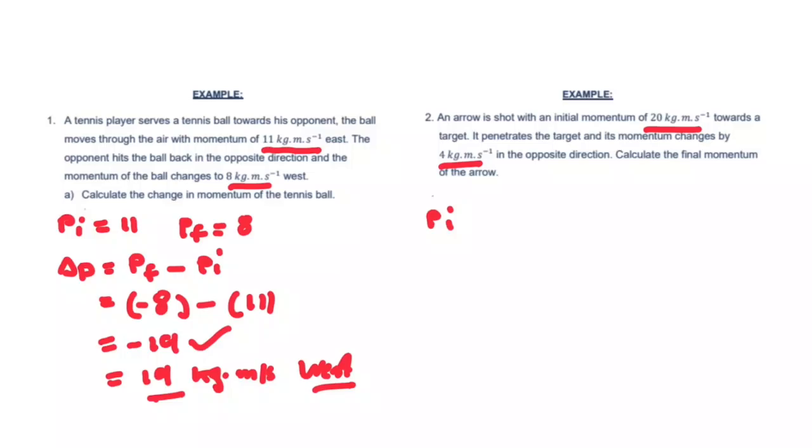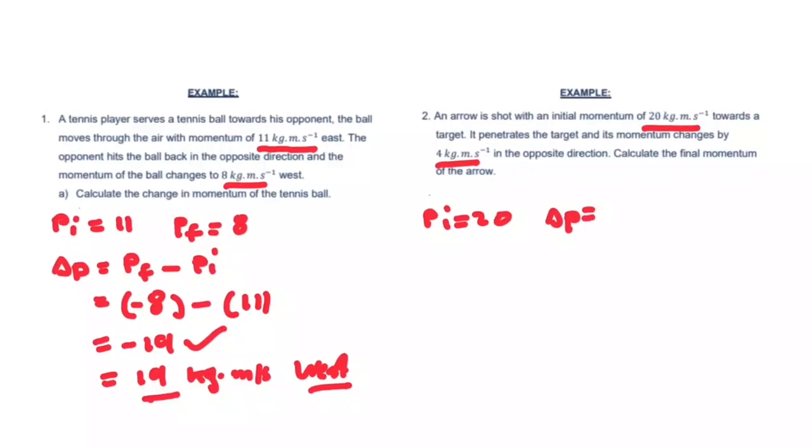So an arrow is shot with an initial momentum of 20 kg meters per second. So the initial momentum is 20, and then it penetrates the target and its momentum changes by 4 kg meters per second. So we have the change in momentum, which is equal to 4 kg meters per second in the opposite direction. So the change in momentum is minus 4.